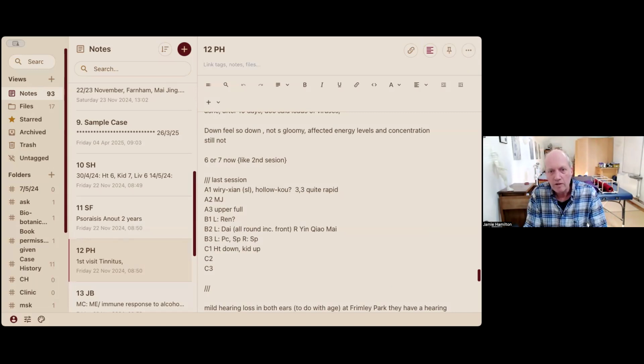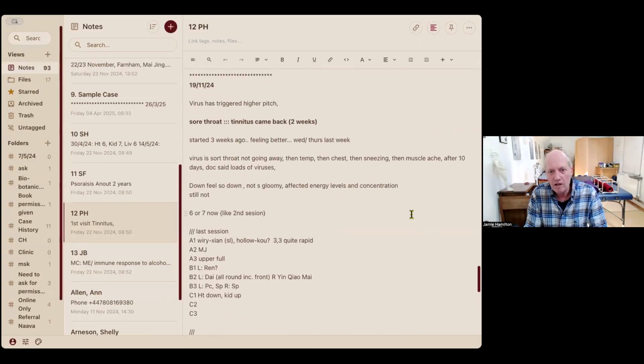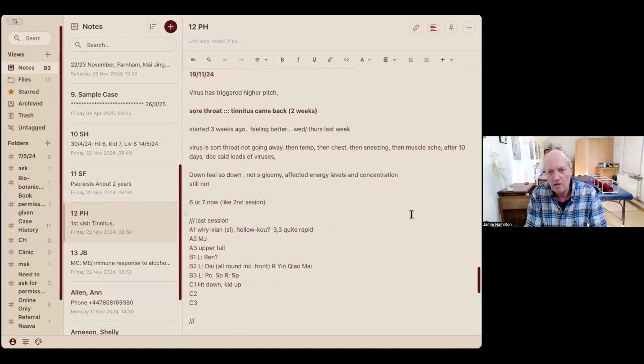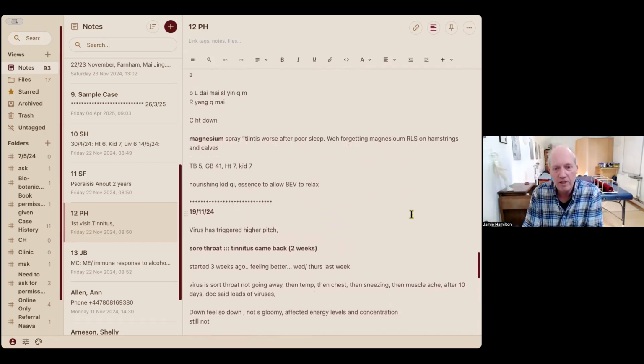Bear with me. So here is the last time I had seen her. Basically, this tinnitus seems to be triggered by having a cold and being run down. I had treated her a number of times successfully with points. The last time I treated her was triple burner 5, gallbladder 41, heart 7, kidney 7.